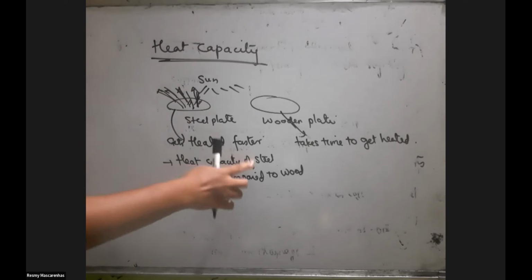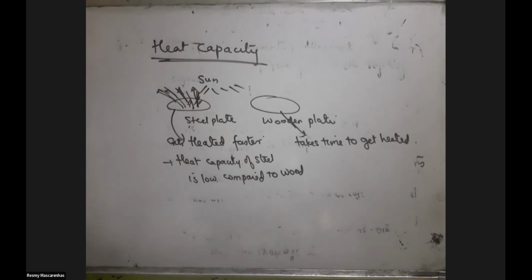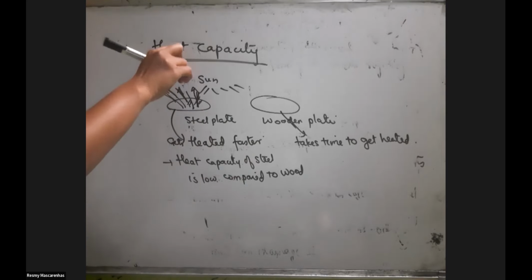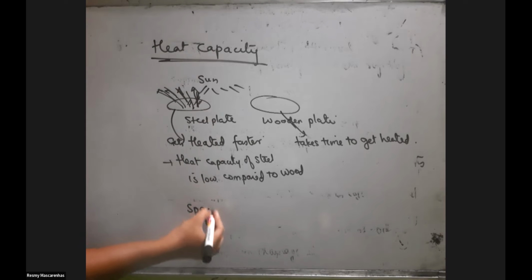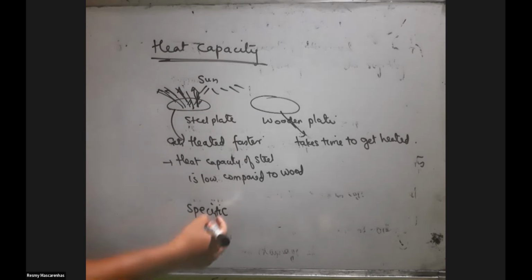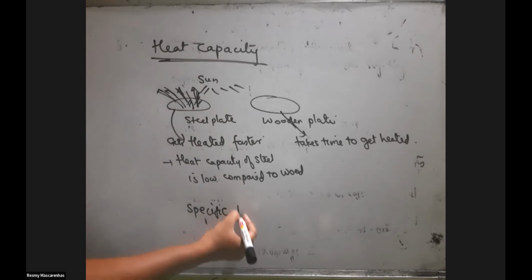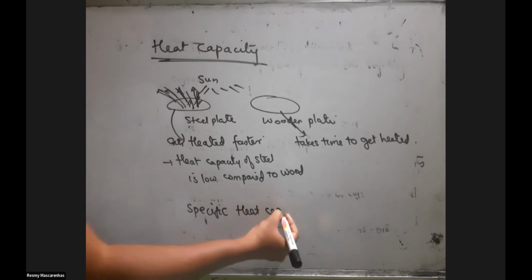So heat capacity of steel is low compared to wood. I'm trying to tell you the difference between heat capacity and specific heat capacity. Don't write this as of now because I'll give you the definition. Specific heat capacity.